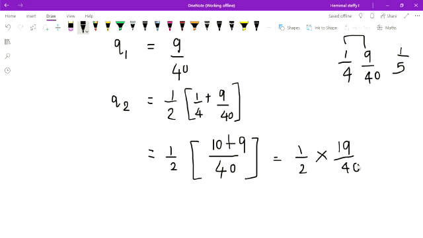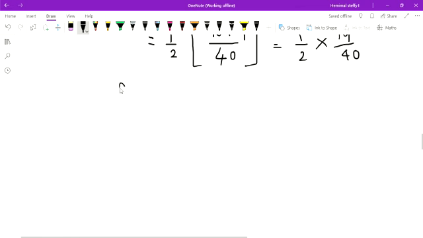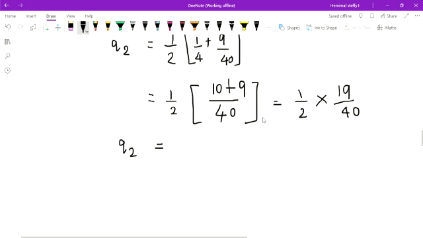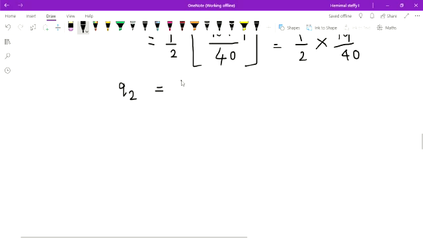So Q2 value is equal to, Q2 value here, what is that? 19 by 80. Then Q3 value.